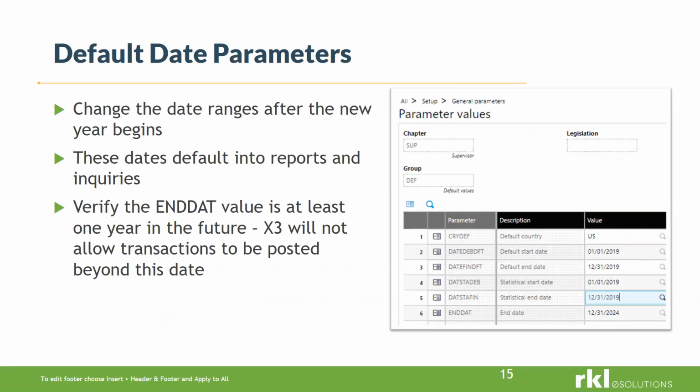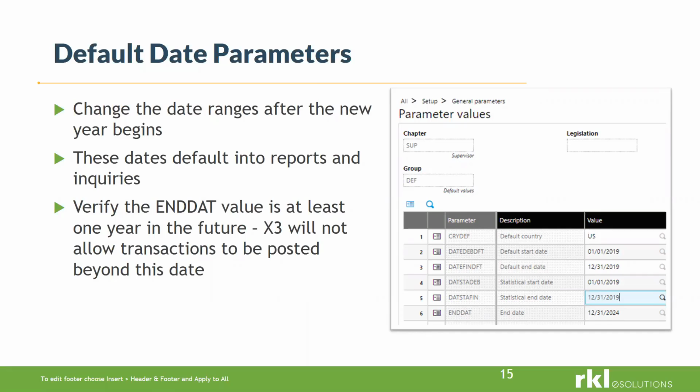One of the other things that you'll want to ensure that you're checking after you've done your close is the date range after the new year begins. Go ahead and make sure that you've verified that ENDDAT value in the default date parameters underneath setup general parameters. It's the sixth row, the last row in my screenshot here.